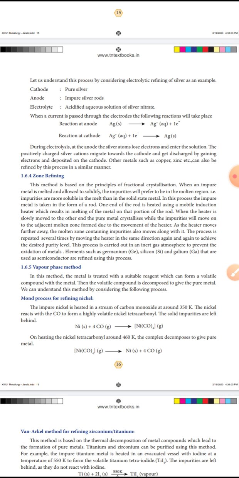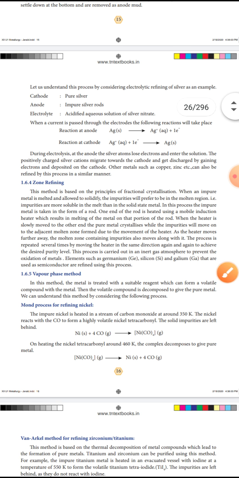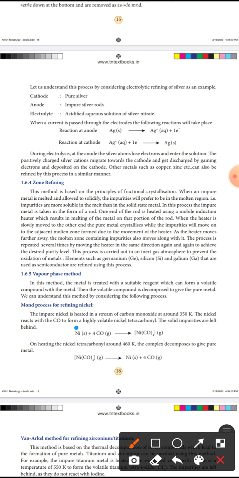The impure nickel is heated in a stream of carbon monoxide at around 350 Kelvin. The nickel reacts with the carbon monoxide to form highly volatile nickel tetracarbonyl.